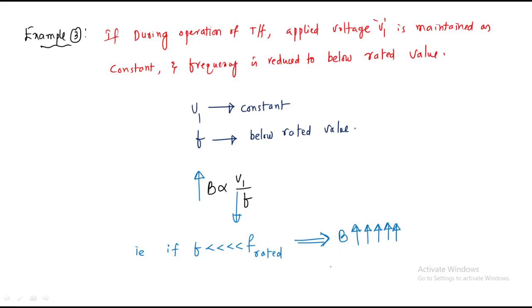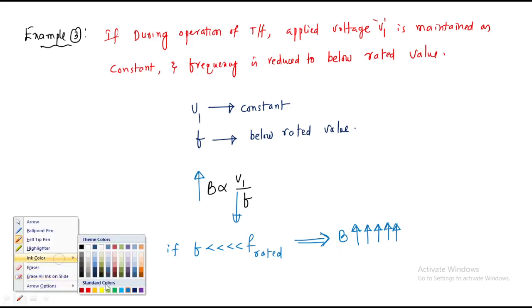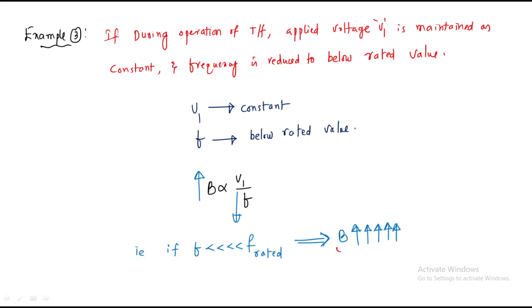So what is the consequence? Then the transformer goes into deep saturation. This is the unwanted operation.